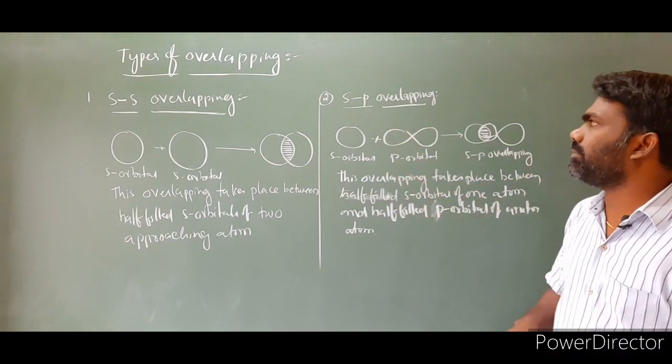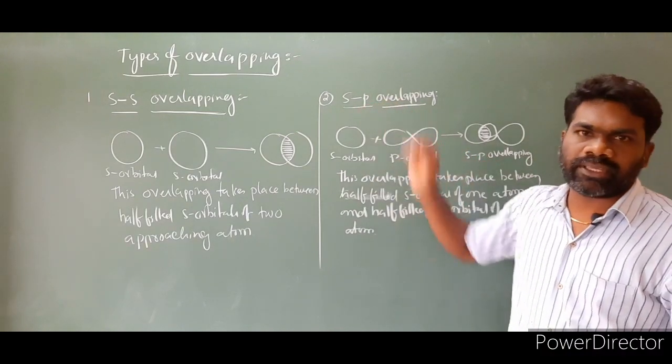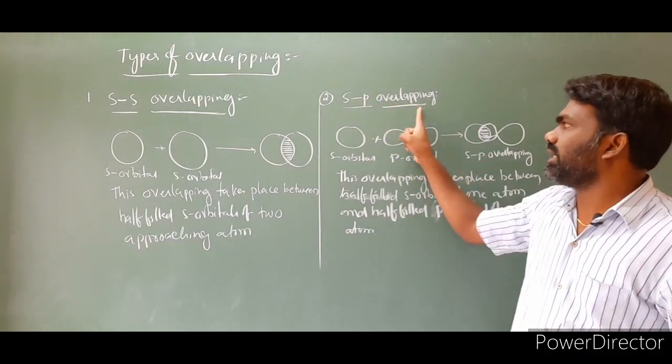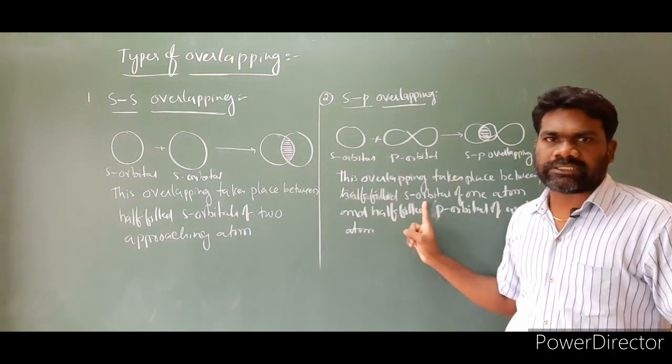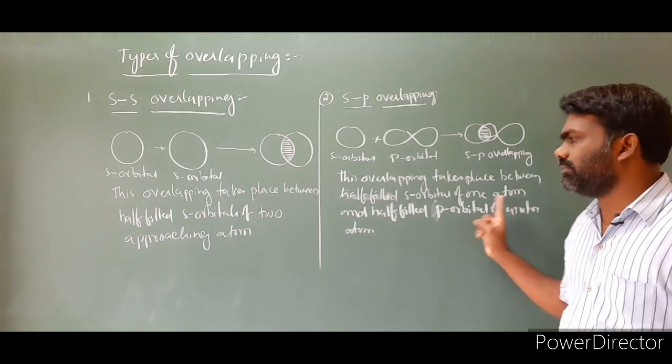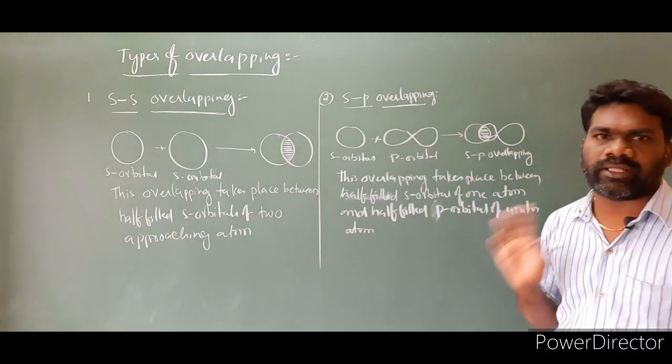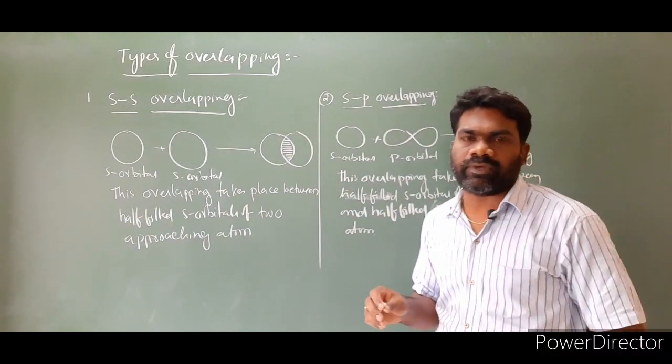So this overlapping is called SP overlapping. SP overlapping is this overlapping that takes place between a half-filled s orbital of one atom and a half-filled p orbital of another atom. It is SP overlapping.